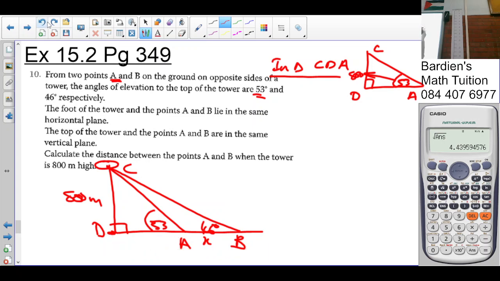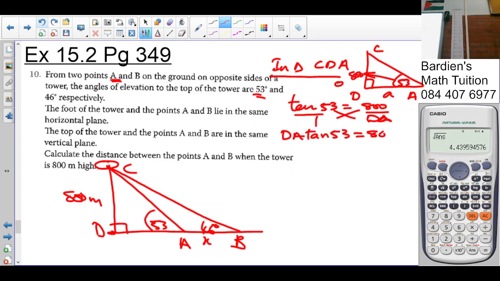So 800 is opposite to 53 degrees. We want to calculate DA, which is what relative to the angle? The adjacent. So which trigonometric function uses opposite and adjacent? So you say tan 53 equals 800 over DA. Naturally that's over 1, and cross multiply. So DA tan 53 degrees equals 800. Now what?